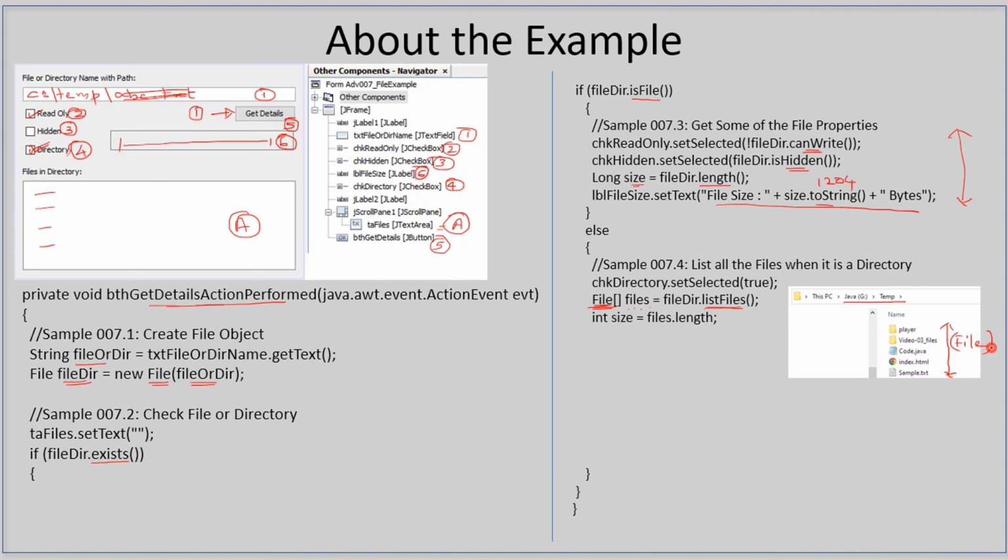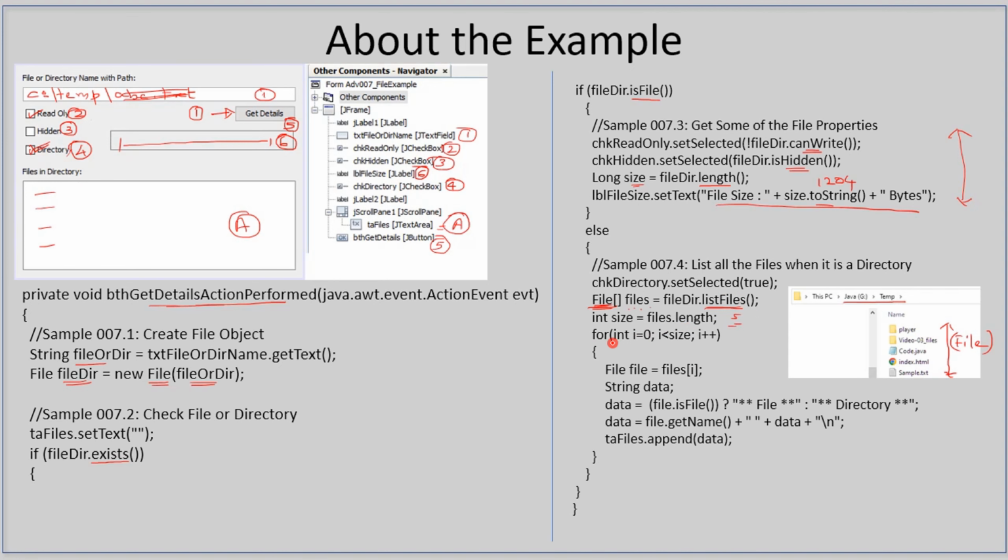So that means here, for example, this will return true if you specified c temp. After that, we will do the iteration, for int i equal to 0, i less than size, i plus plus. That means here we iterate, and using the index operator, we get a single file.